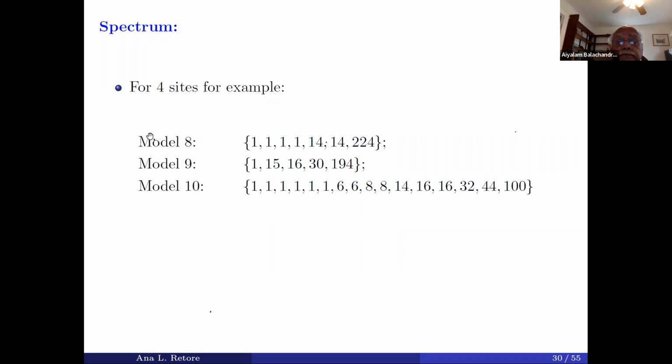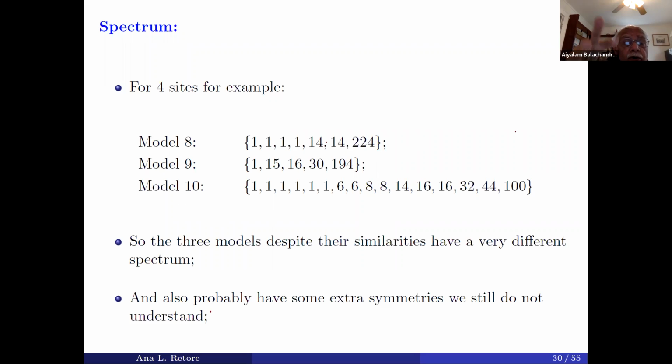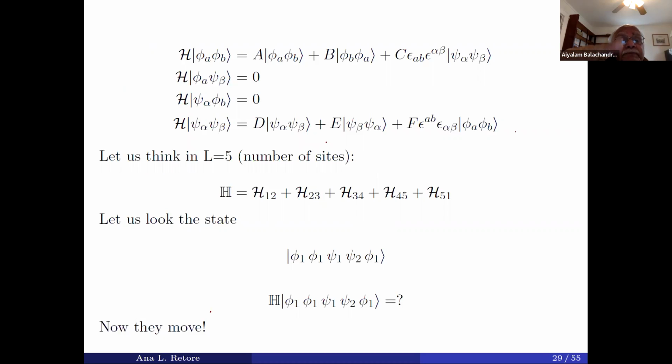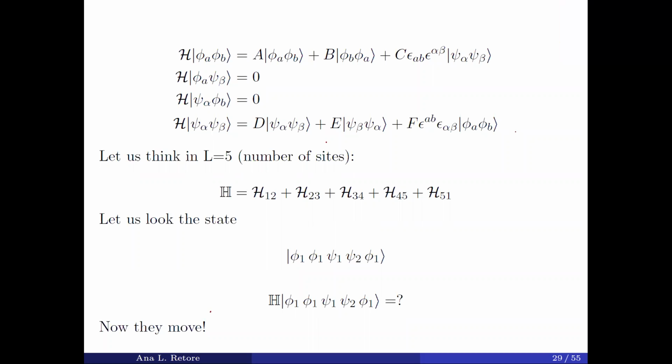I checked, for example, that model 8 has complex eigenvalues and it's not Hermitian, and models 9 and 10 are Hermitian. More than that, I didn't. Next slide, you had an equation with H acting on all the two-body states. Top 4 lines. Does it define H as a self-adjoint operator on the two-particle sector? I don't know. It looks triangular, like a Jordan matrix. I don't think it looks self-adjoint.